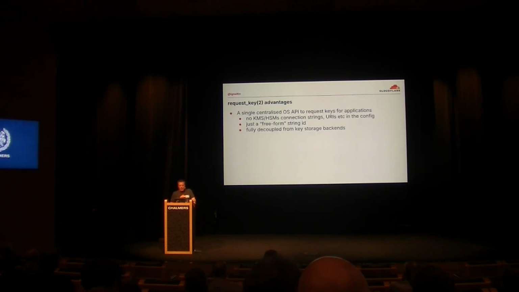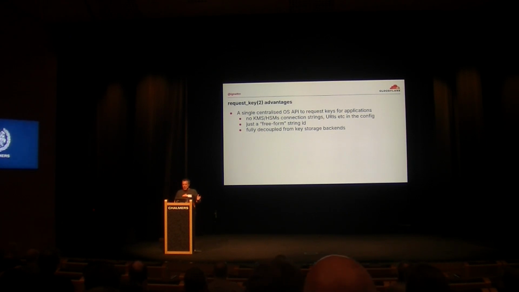So with request-key, you have this single centralized operating system API to request keys for applications. And your application is fully decoupled from your key management, right? There are no KMS or HSM connection strings, no URIs, nothing, just a plain system call: give me my key, with a free-form string ID.